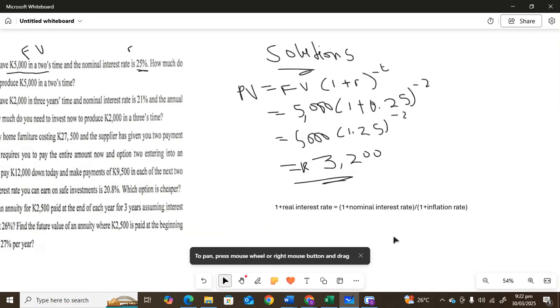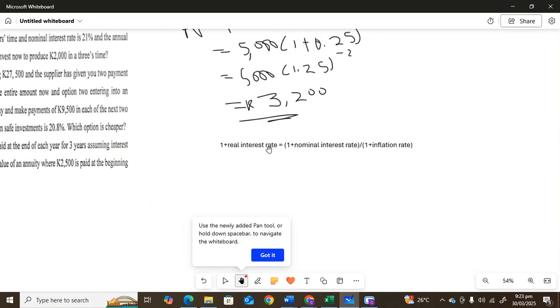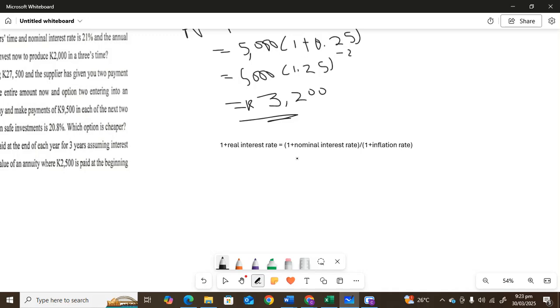Okay. So there is this formula you can use to get the real interest rate. 1 plus the real interest rate equals 1 plus the nominal interest rate over 1 plus the inflation rate. Now, if you forget this formula, let's say it's an exam, you can always use this simple one.